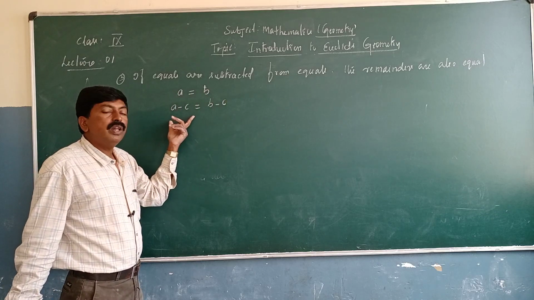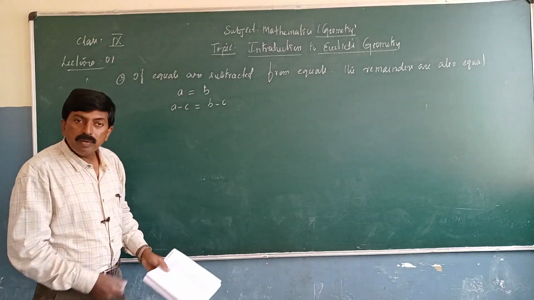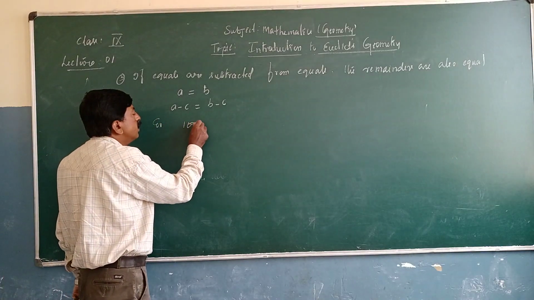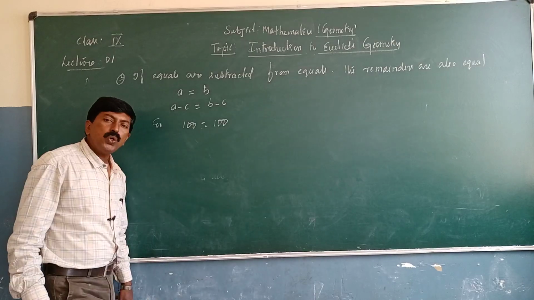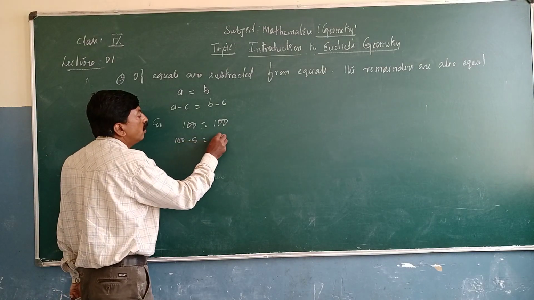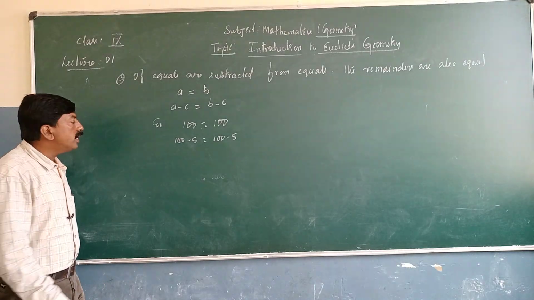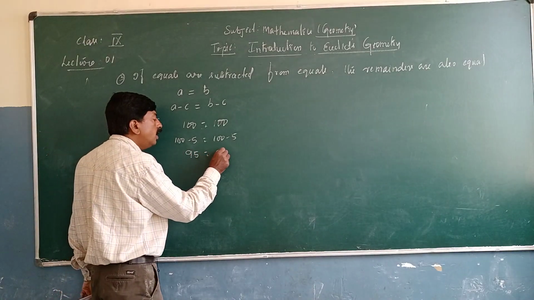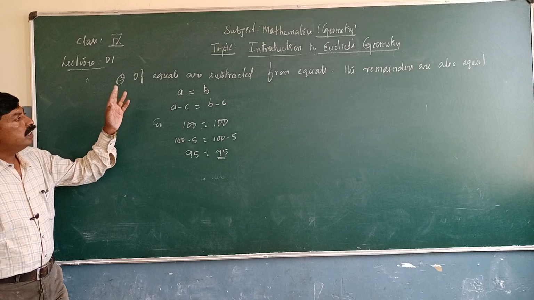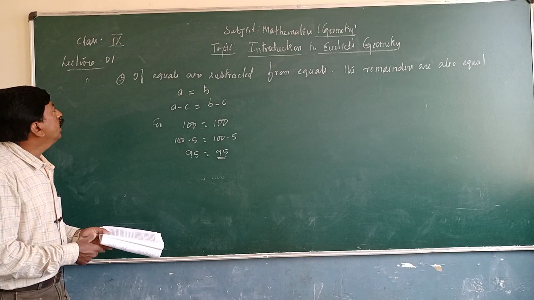Whatever remainder you get, that is also equal. That is A minus C is equal to B minus C. For example, 100 is equal to 100. These two are equal. You can subtract 5 from the whole. Equal things are to be subtracted. What is the remainder? Here is 95. Here is also 95. The two are equal. It means if equals are subtracted from equals, the remainders are equal.